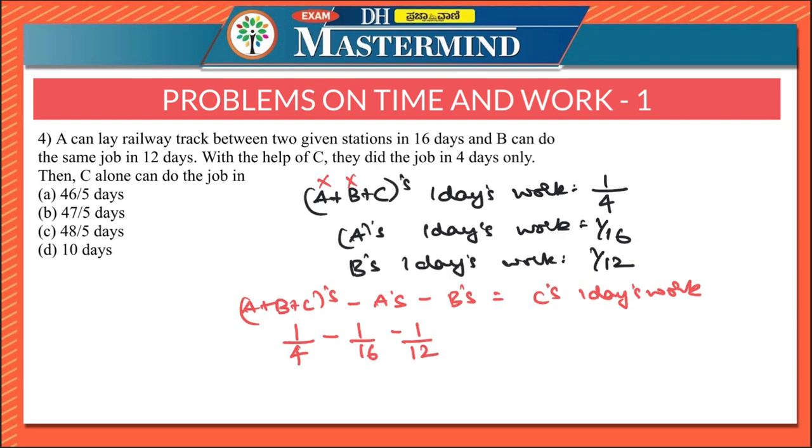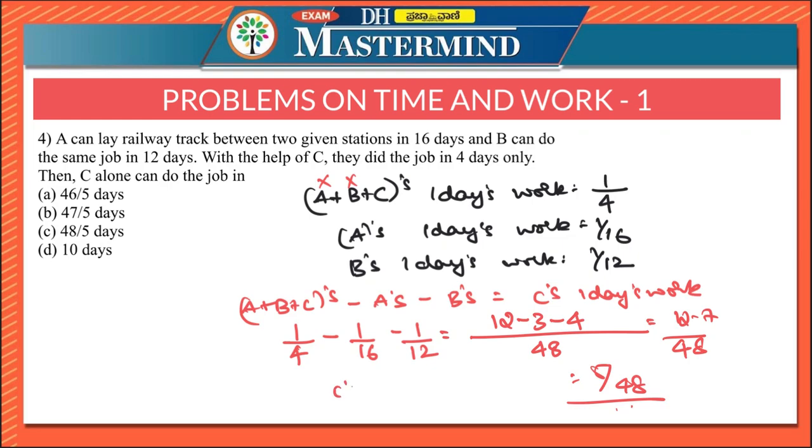When we solve this equation, we get 48 as the LCM. So 48, 12 minus 3 minus 4. So this comes out to 12 minus 7 by 48, which is nothing but 5 by 48. Therefore, C's 1 day's work is equivalent to 5 by 48.